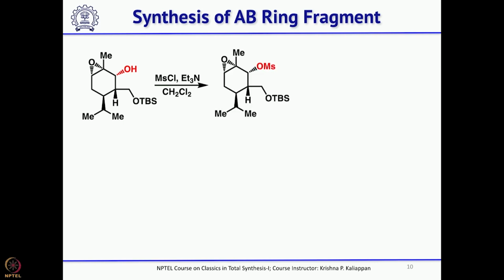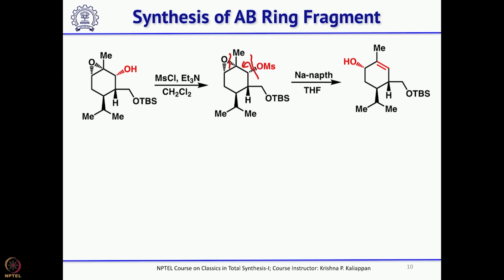His idea was to cleave the epoxide, okay, to cleave the epoxide and bring this as an allylic alcohol. Okay. That can be done with sodium naphthalenide. When sodium naphthalenide will cleave this C-OMs bond, then it will open up the epoxide to get allylic alcohol.